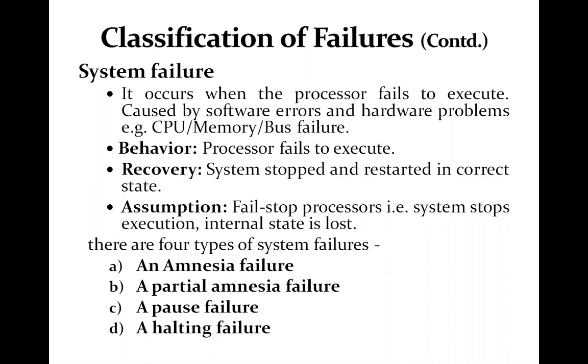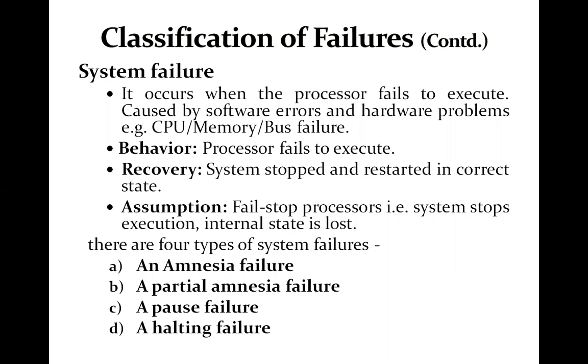Now, the partial amnesia failure occurs when a system restarts in a state wherein a part of the state is the same as the state before the failure, and the rest of the state is predefined.